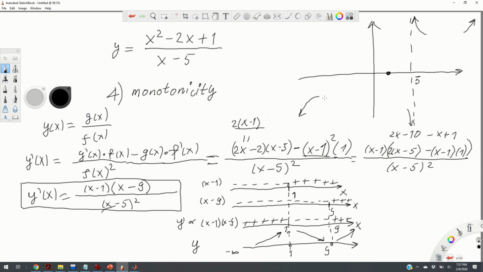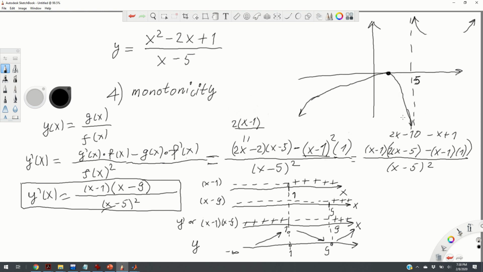Now, this is in accordance with the asymptotic values and zeros that we can see over here. So we can conclude that as x increases, the function increases, and it reaches its maximum at 1. Then from 1, the function decreases toward negative infinity, which is never achieved, but at 5 it goes to negative infinity.